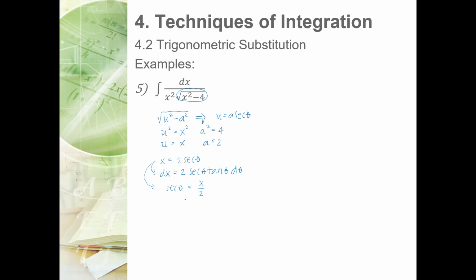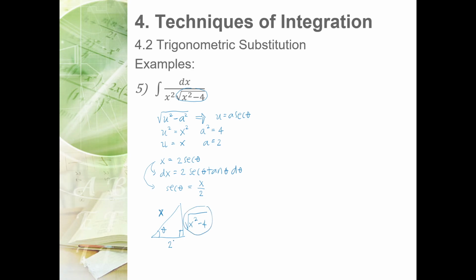So then draw the right triangle afterwards. So secant is hypotenuse, x there, then adjacent side 2. And this becomes square root of x squared minus 4.